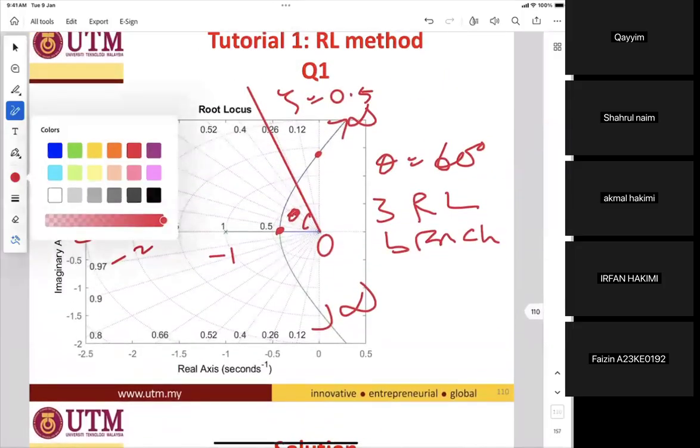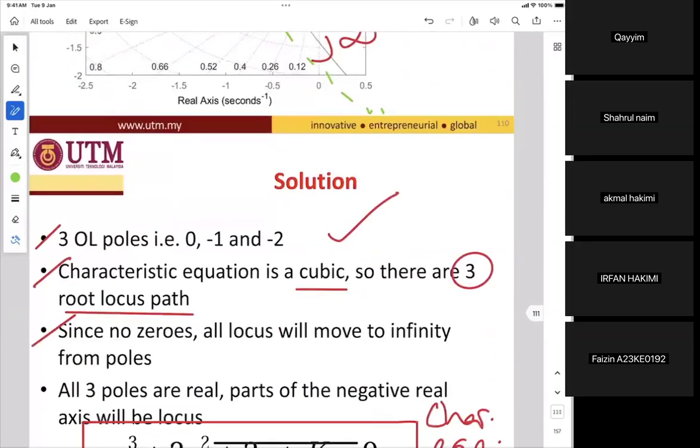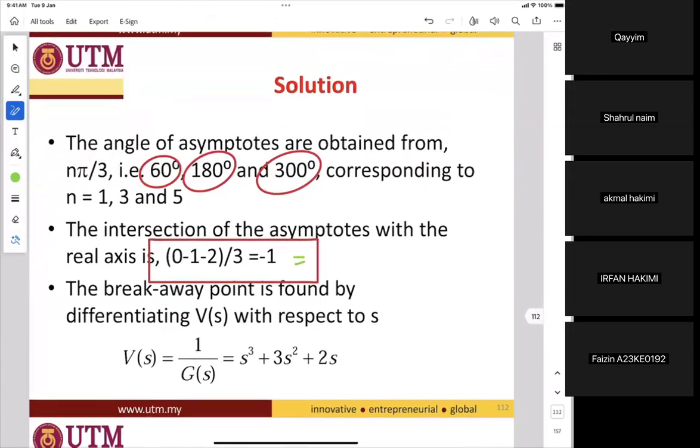The asymptotes cross with the real axis.